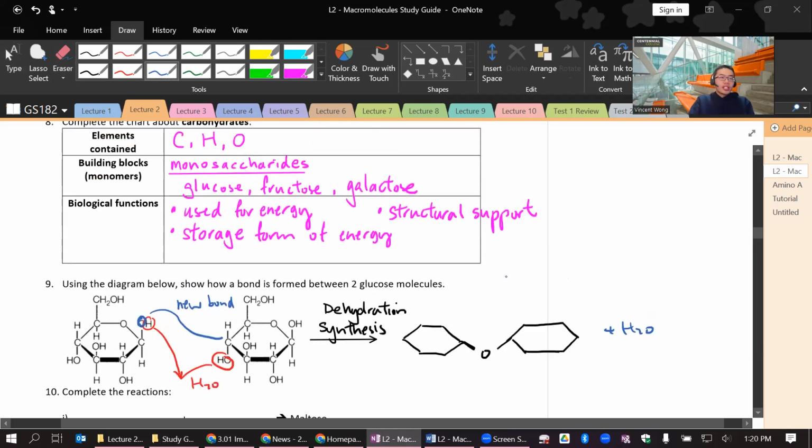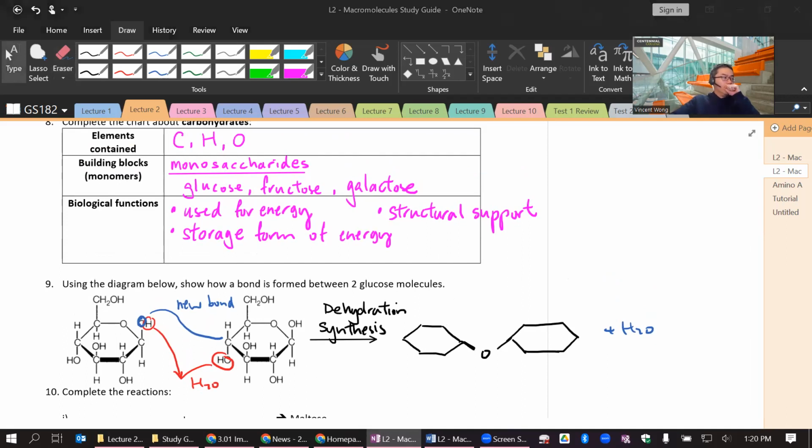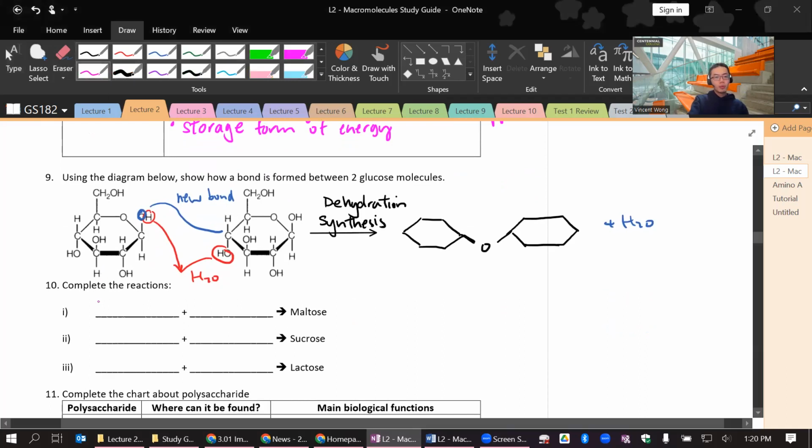Now, we were just saying there are 3 different types of monosaccharides, right? So you can combine them in different combinations. For example, as we did here, we took a glucose molecule and combined it with another glucose molecule, and we end up having something called maltose.